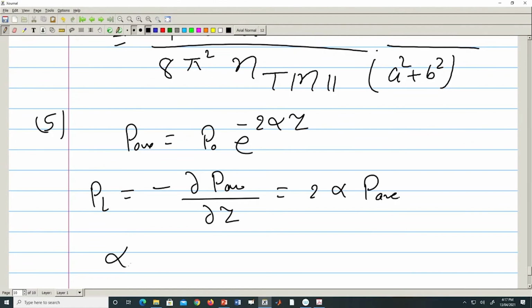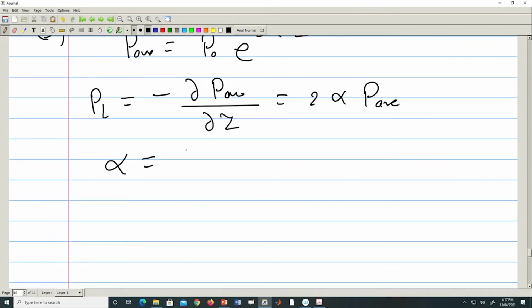So alpha we will get as PL upon 2 into power average. From this we will get alpha. Alpha can be written as alpha c plus alpha d.